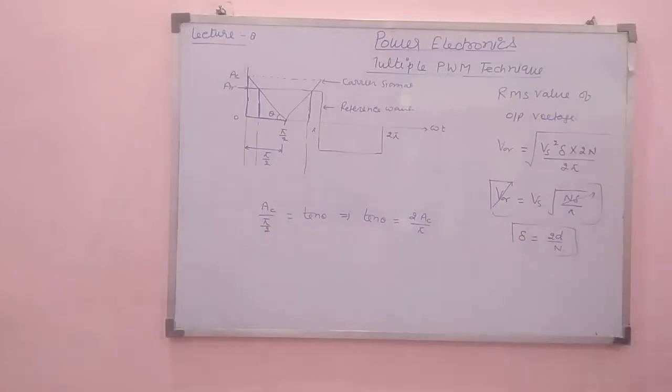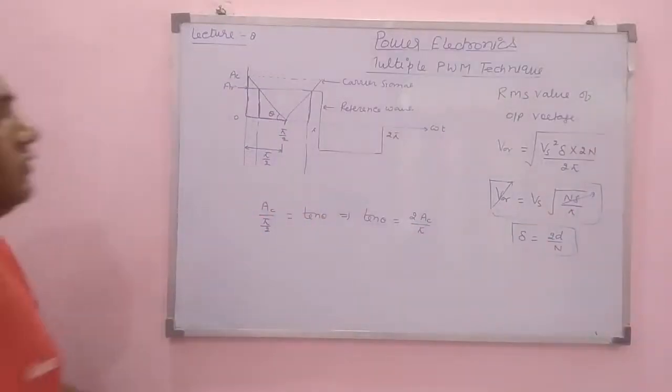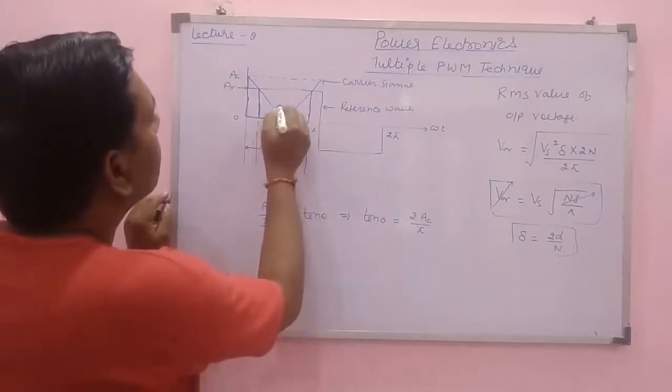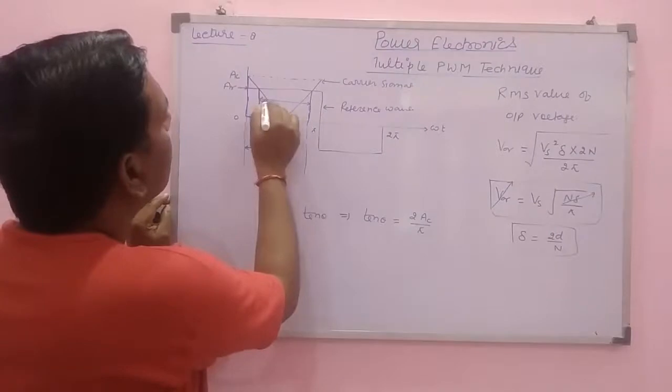Okay. So this duration in half cycle is equal to 2D. So this is 2D. This total duration means total pulse width.